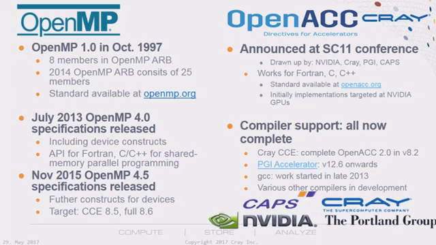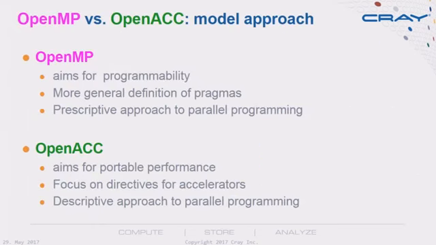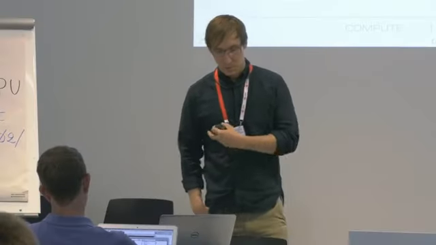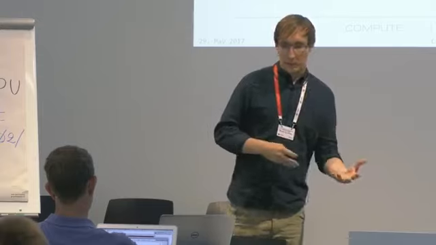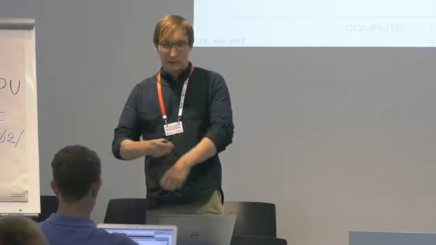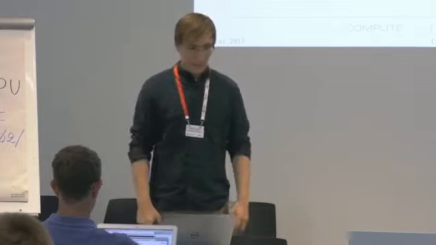So when you want to start, you need maybe to decide what to choose, OpenACC or OpenMP. I would like to mention that they are really similar and you can easily swap from one to the other. I mean, you have to change your statements, but the functionality based on that is quite similar. And OpenMP, from a more general point of view, aims more for programmability. So they also aim to be more general definitions for different hardware, so it should be also more portable to different accelerators.